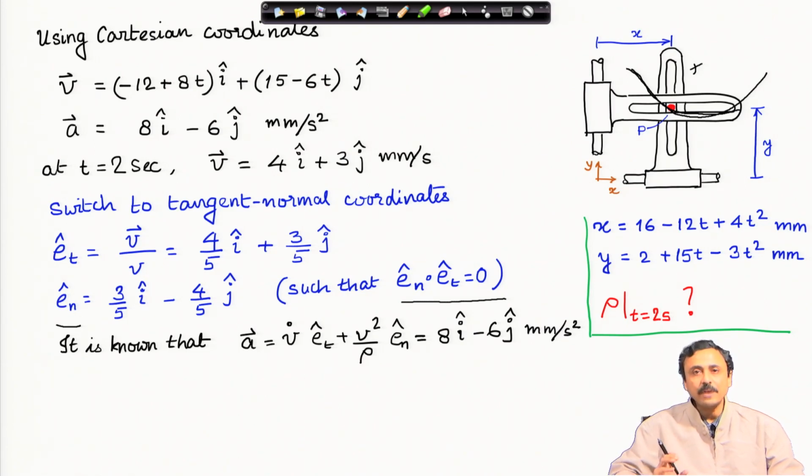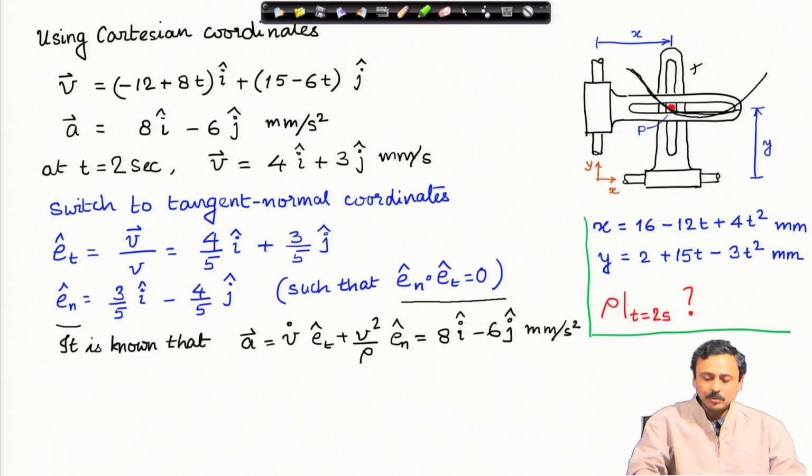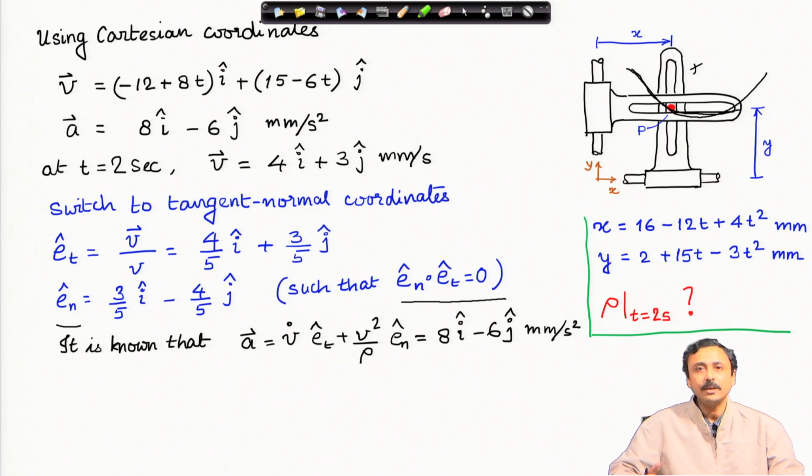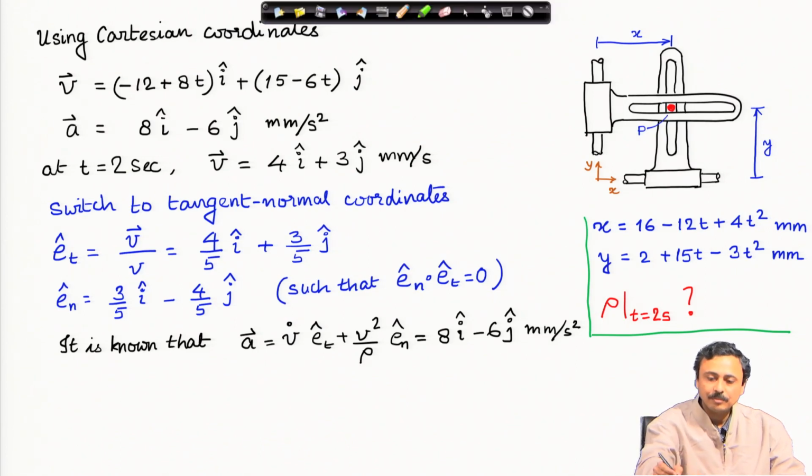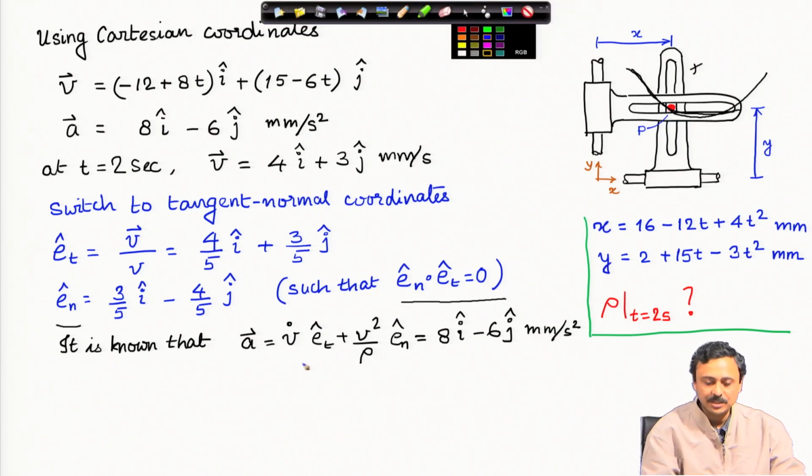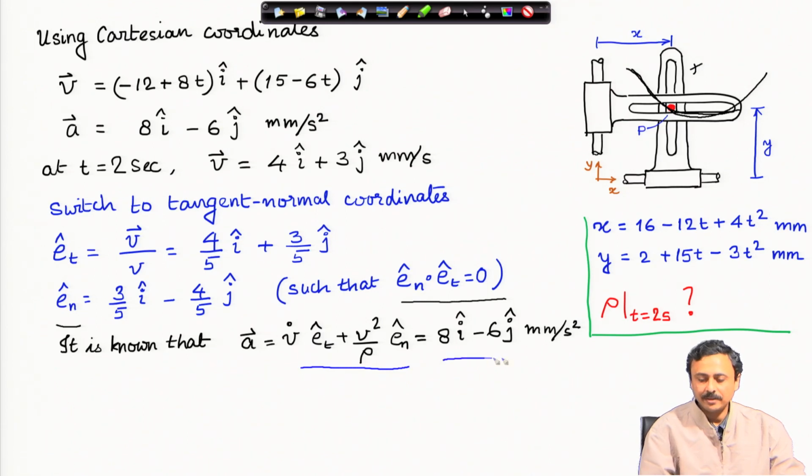This is the expression of acceleration as determined from the tangent normal system, and this I will equate to my acceleration, because this is the absolute acceleration of the pin. It is represented in the tangent normal coordinates by this expression, and its actual expression is this.